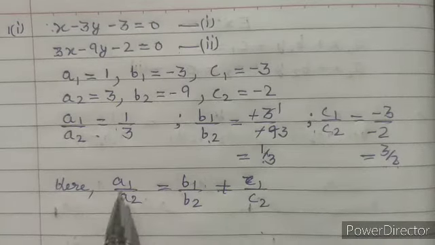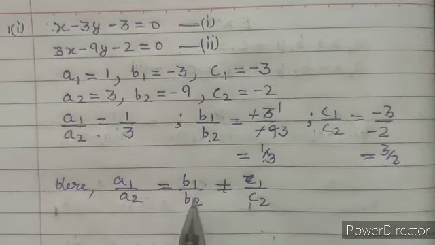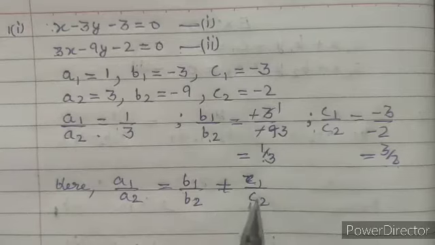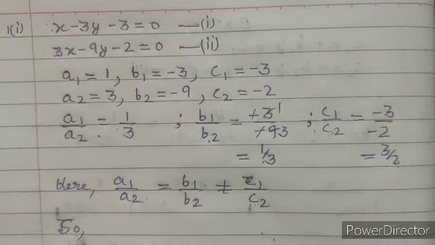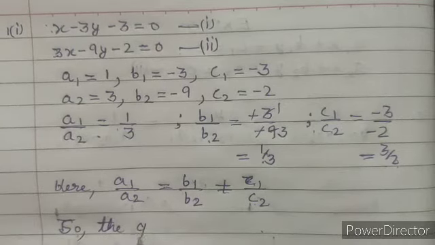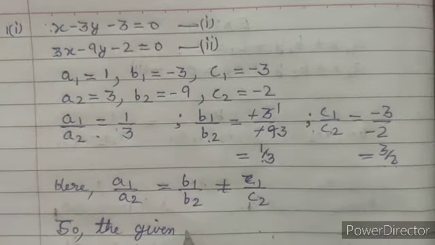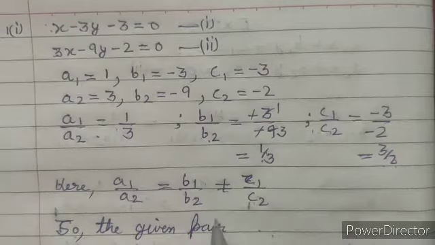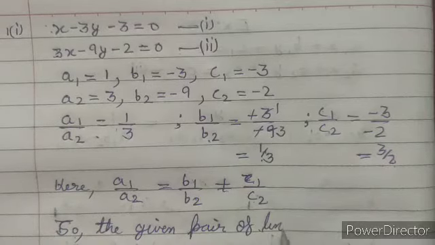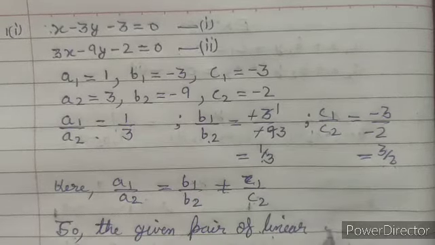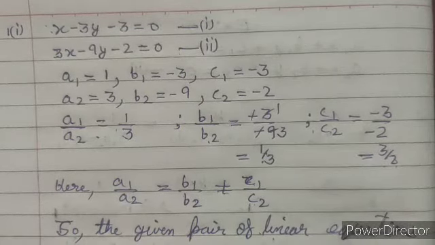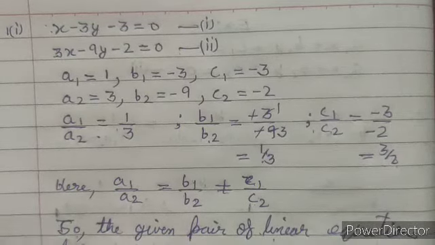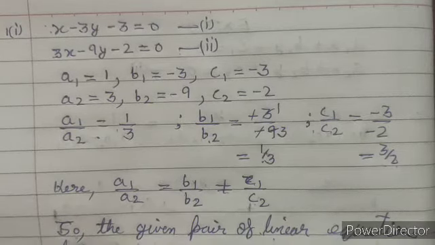Now if a1 by a2 is equal to b1 by b2 is not equal to c1 by c2, then the given pair of linear equations has no solution.